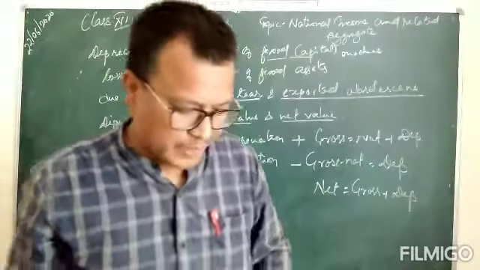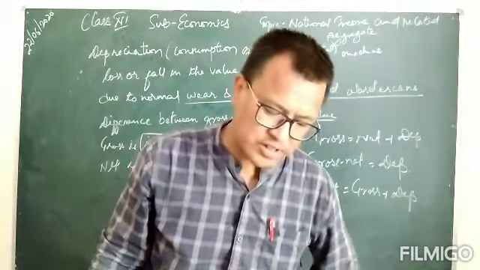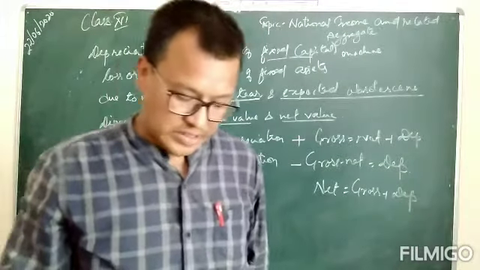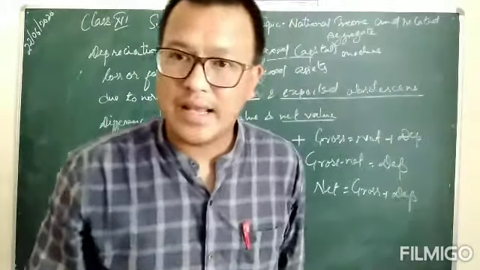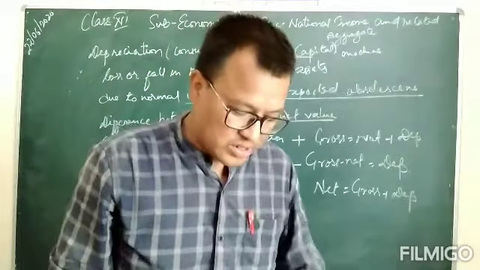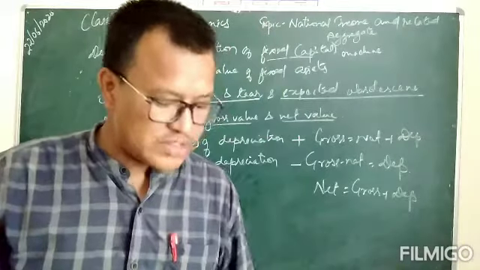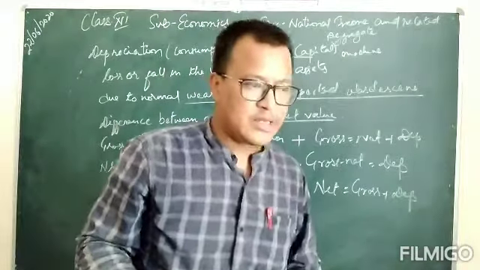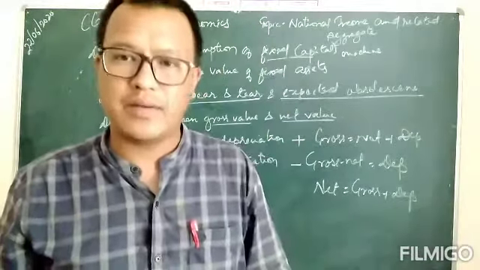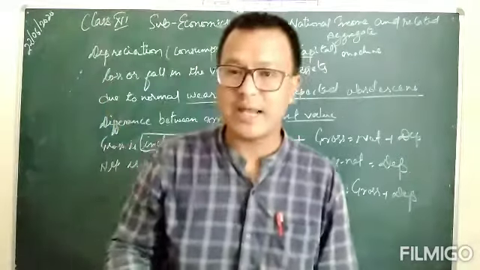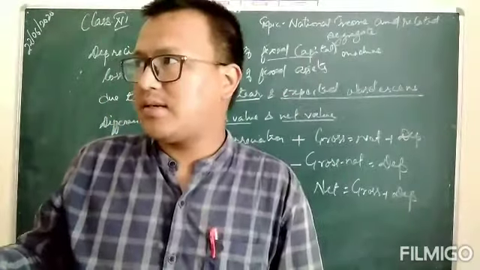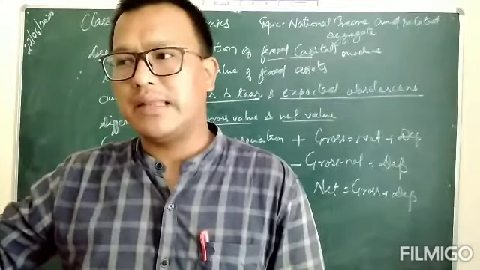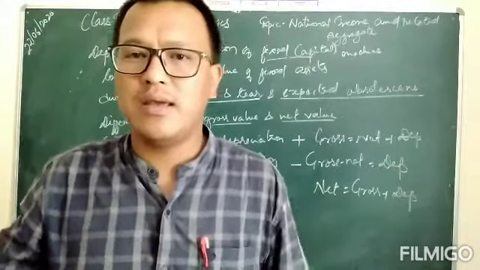Second is expected changes in demands of goods and services due to change in taste and preference, fashion trends, lifestyle, etc. So this is the second thing due to which we expect that these changes will happen. For example, at present we say the next generation will be so modern that you don't even have to carry your phones.